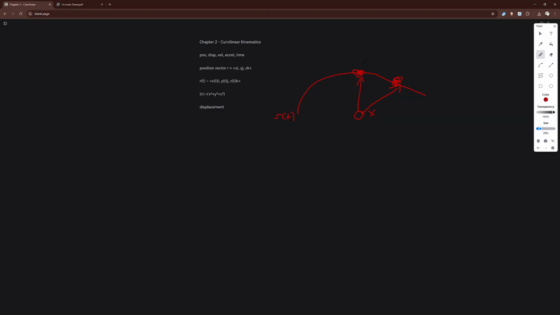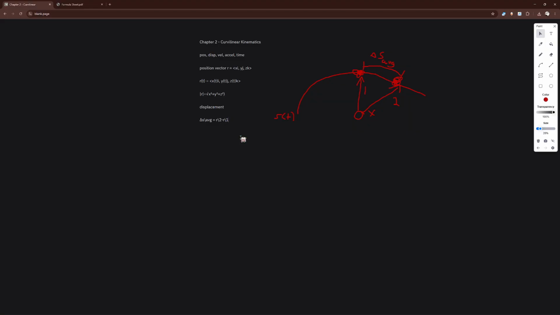To measure this, we can call it delta S average, because it's a change in position. So this is a displacement, right? It's just going to be the vector difference. So if this is path 2 and this is path 1, delta S average is just going to be R2 minus R1, like so.